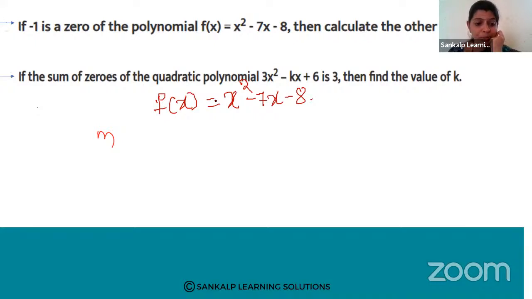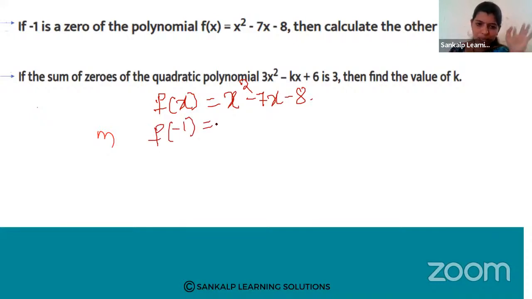For that, what will you do? One zero, that means f of minus 1 they have given.